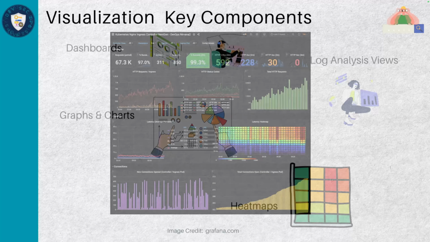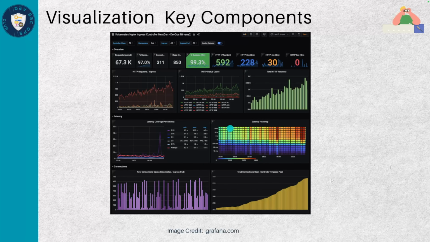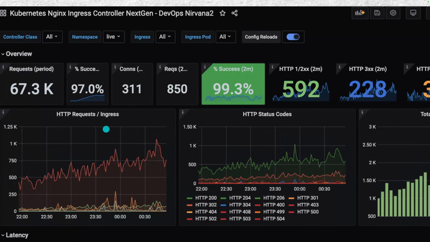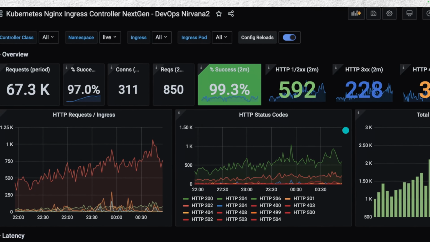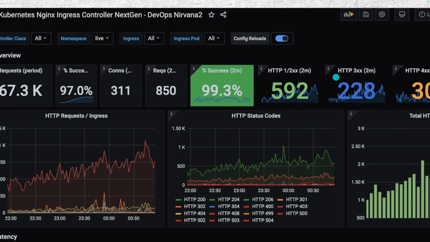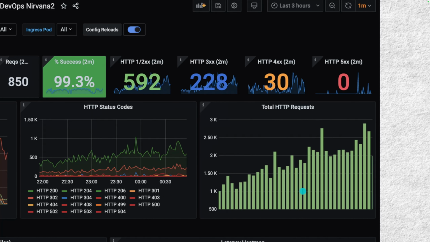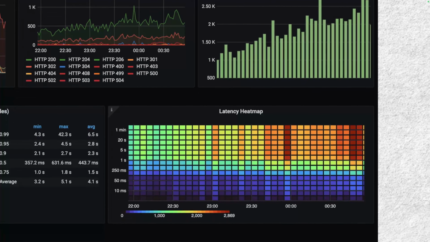If you see, I have taken this example from the Grafana official website itself. Over here, we have this one graph, HTTP. Here you can see the request, and this one is the total number of requests, where we have a graph about this. This is a latency heat map. You can set it up, right?